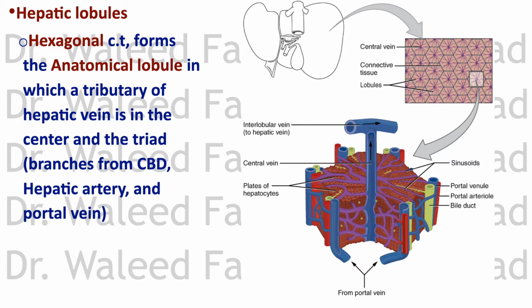The microscopic structure of the liver shows a hexagonal network of connective tissue that has the hepatocytes in it. At the corners are the branches of the triad: the bile duct, the hepatic artery, and the portal vein.